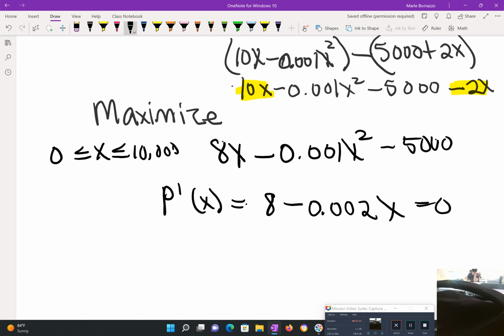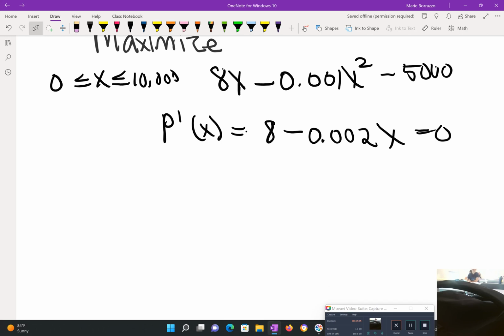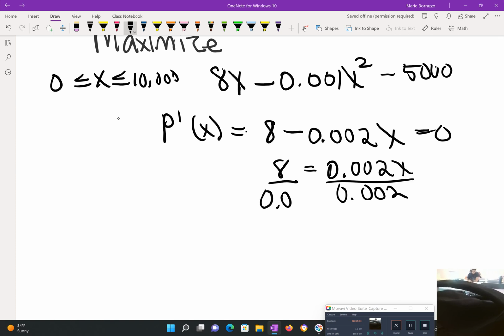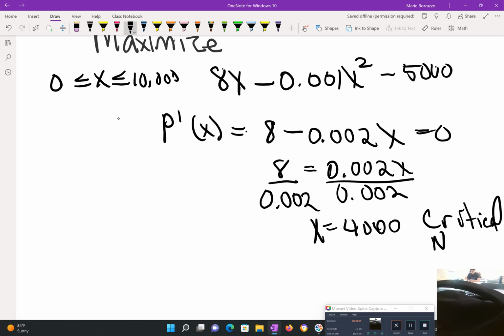So I can solve for x now. 8 is equal to 0.002x, and if I divide by that, I think I get 4,000. Check on your calculators, please. That should be my critical number, by the way.